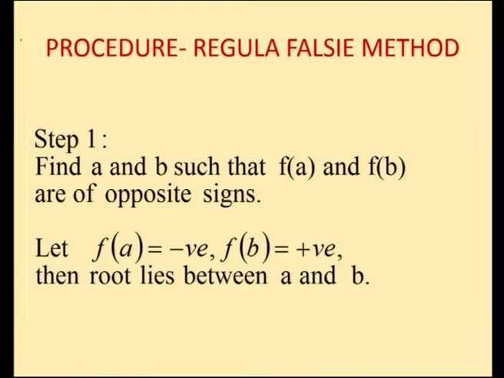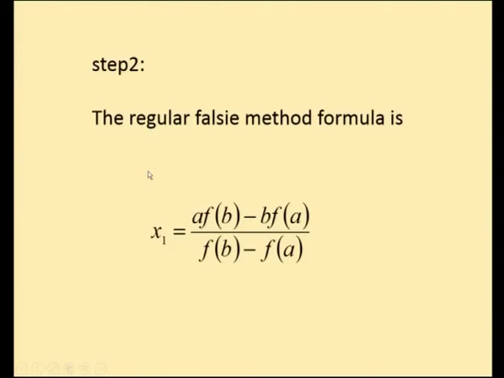If f of a is negative and f of b is positive, we say that the root lies between a and b. And then the regula falsi formula is x1 equal to (a into f of b minus b into f of a) divided by (f of b minus f of a).